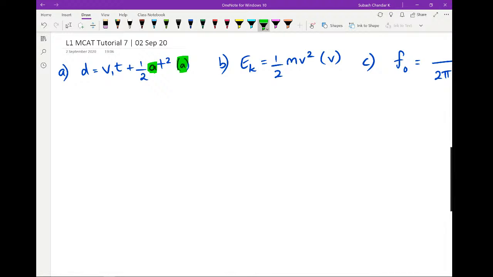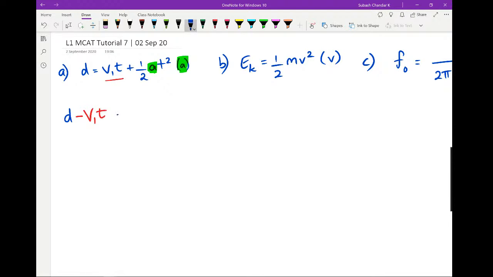Now, all the rules that you follow for solving linear equations, you follow the same rules here as well. So the first thing I'm going to get rid of is the v1t. When I take that, I'm going to take the whole thing to the other side, which means it's going to become d minus v1t. All right.